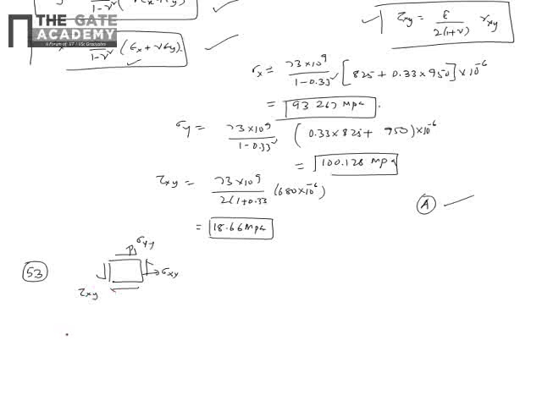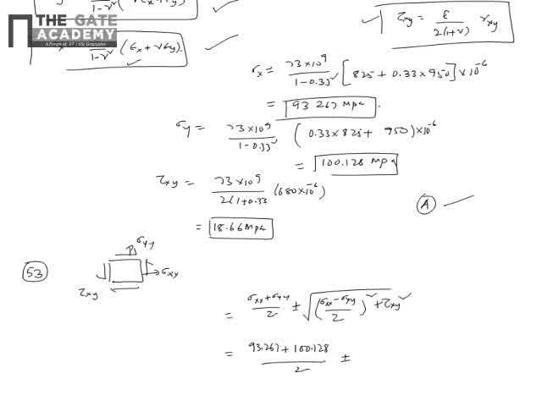Now the maximum principal stress, which is a plane stress problem, is (sigma x plus sigma y) by 2, plus or minus, for maximum or minimum, the square root of ((sigma x minus sigma y) by 2, whole square, plus tau xy square). So let's calculate this. Sigma x is 93.267 plus 100.128, by 2.